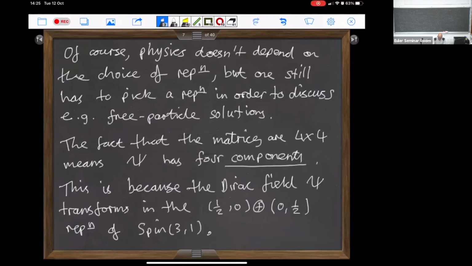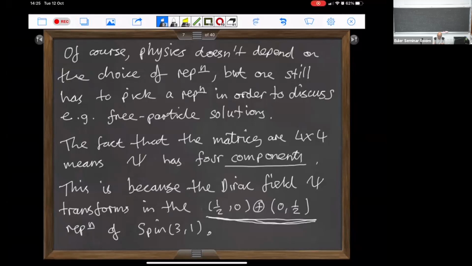And those 4 components, this is natural because the Dirac field transforms in this representation of the Lorentz group, or more precisely the cover of the Lorentz group, which is the representation we studied at the Lie algebra level a couple of weeks ago.